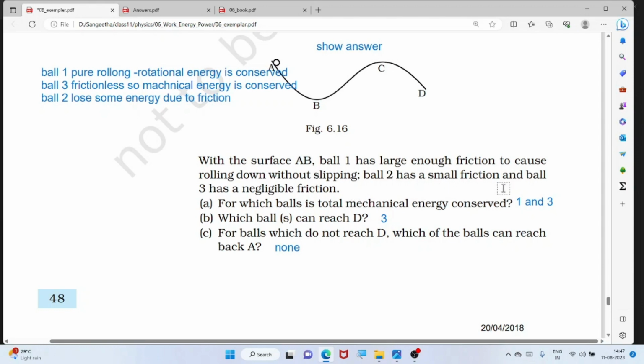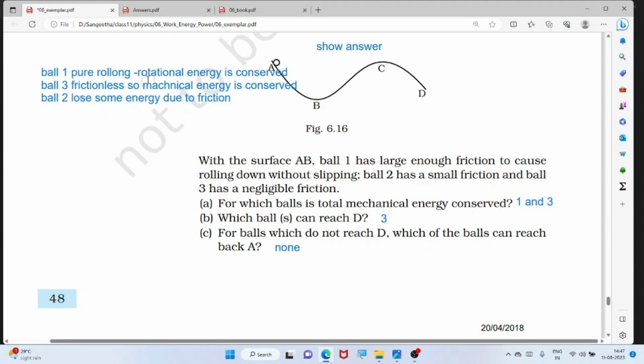Ball 2 has a small friction. Ball 3 has a negligible friction. For which of the balls is the total mechanical energy conserved? Ball 1 and 3. Ball 3 has negligible friction, so mechanical energy is conserved. Ball 1 has a rotation energy, so the energy is conserved here also.